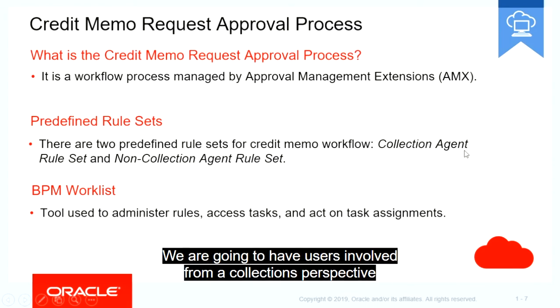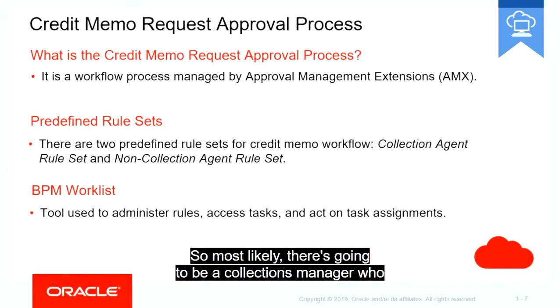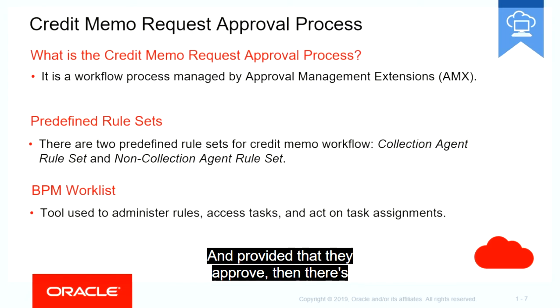We are going to have users involved from a collections perspective and from a receivables perspective. So most likely there's going to be a collections manager who will approve or reject the request to create a credit memo, and provided that they approve, then there's going to be a second layer on the receivable side.